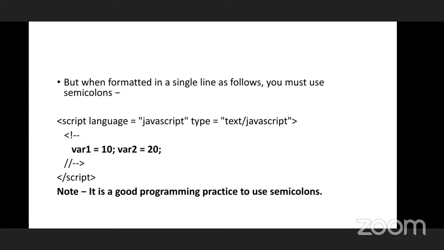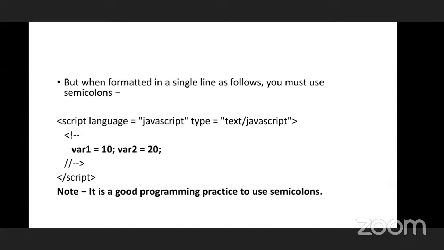And one more important rule: suppose you want to assign values to two variables in a single line, observe here which is highlighted in bold. Variable 1 assignment 10 semicolon, variable 2 assignment 20 semicolon. What you need to understand is that whenever you are assigning values for two different variables in a single line, in such cases you must use the semicolon.